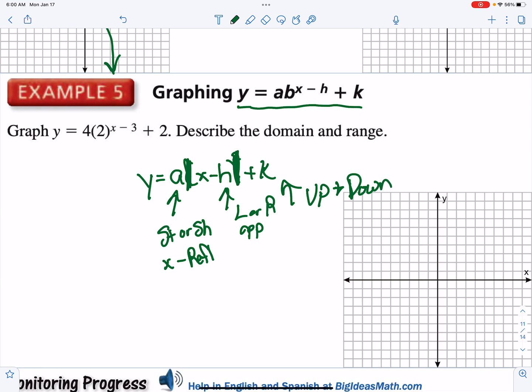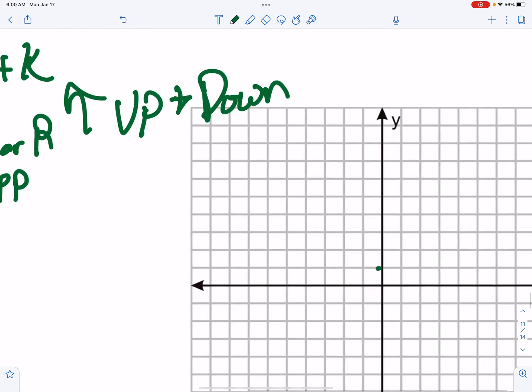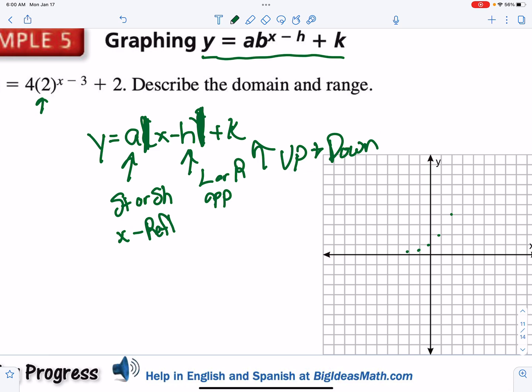So if I look at this function right here, first of all, I identify whether it's a growth or decay. We already have the parent graph for 2. The parent graph for 2 looks like this. Okay, we have those dots there that represent the parent graph. Now I'm going to address these next. So +3 is going to move it right 3.